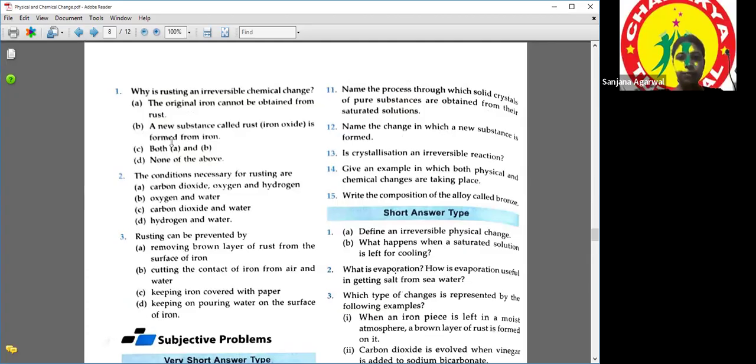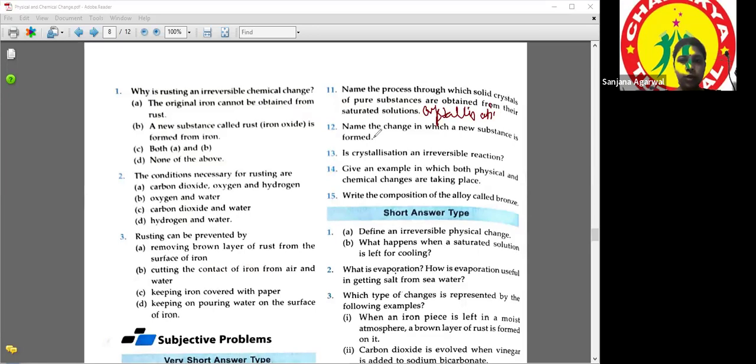Eleven. Name the process through which solid crystals of a pure substance are obtained from their saturated solutions. Questions are repeated but asked in a different manner. Okay, good, receiving answers.